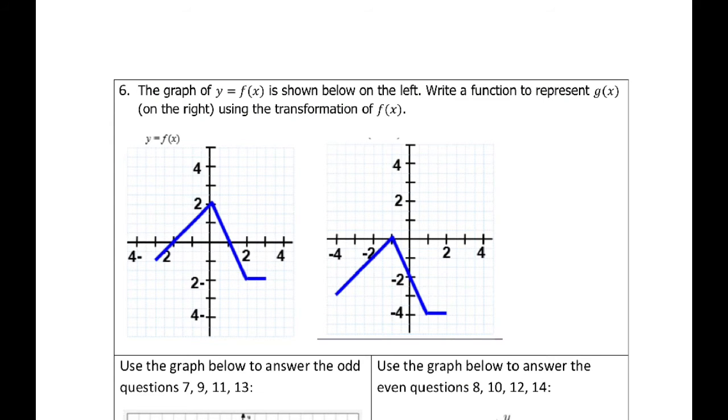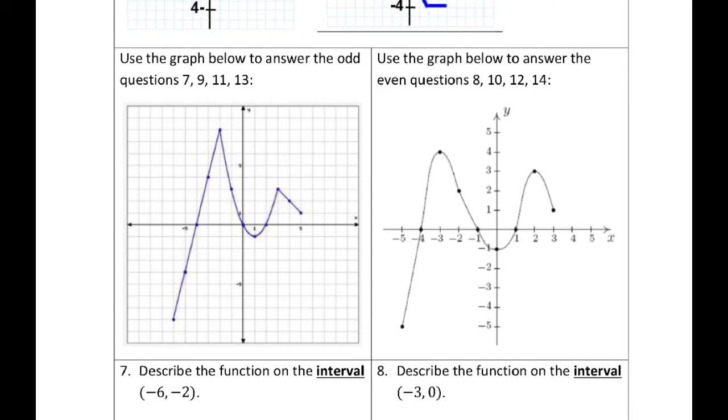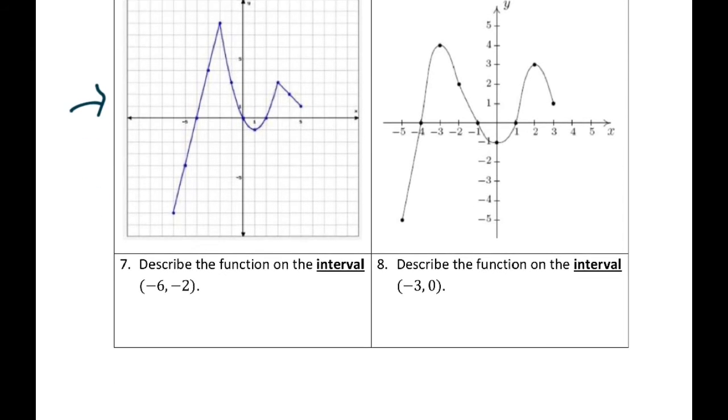All right, you guys are going to do number 6. All right, so for 7, 8, 9, and 13, I'm going to be referring to this graph.